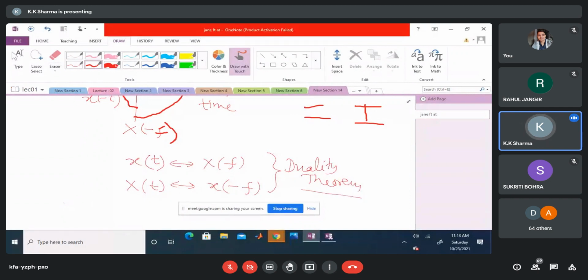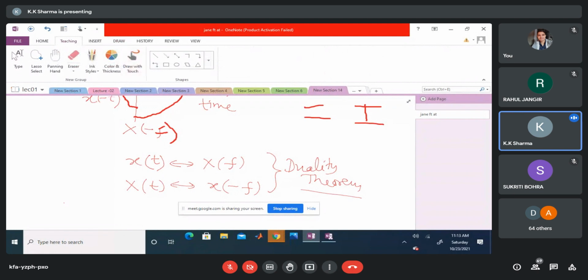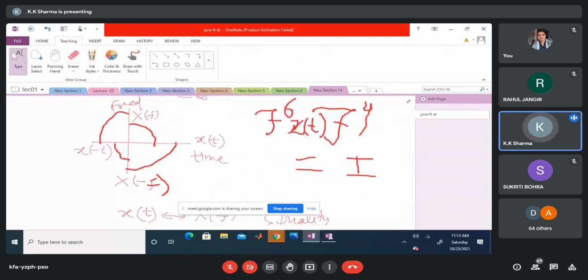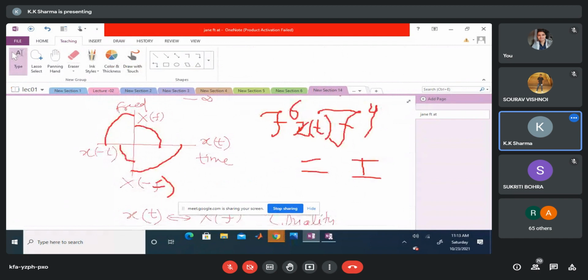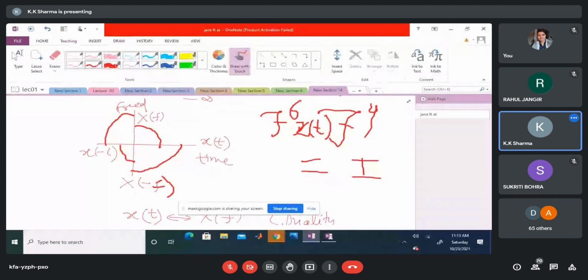This is very evident from this diagram. If x of t has a Fourier transform x of f, then the Fourier transform of x of f will be x of minus t.